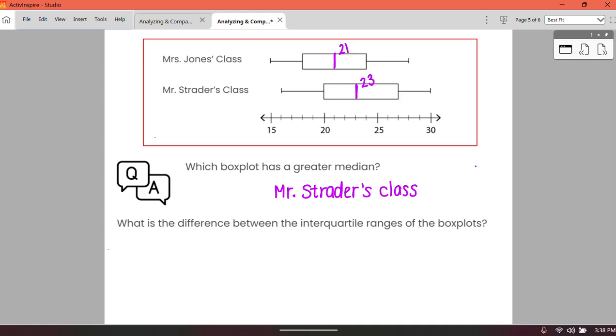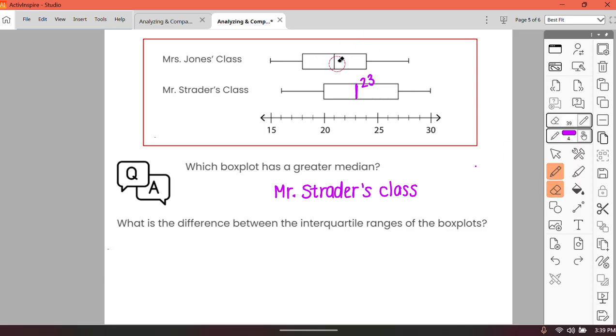All right. Second question. What is the difference between the interquartile ranges of the box plots? Okay, love this. Remember, we just talked about interquartile ranges and how they're not so bad to do if you are given the picture. So, for Miss Jones's class, our interquartile range is 6.